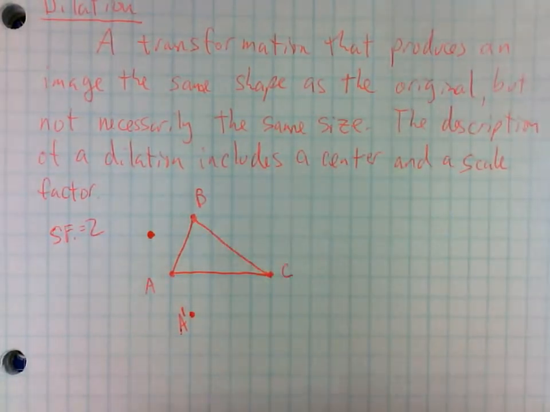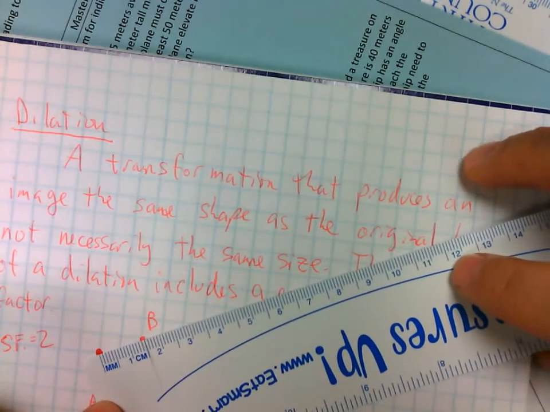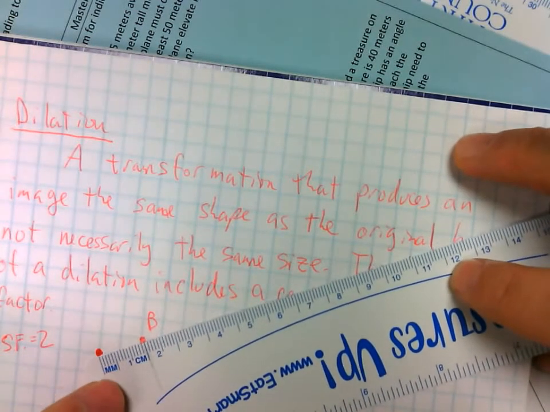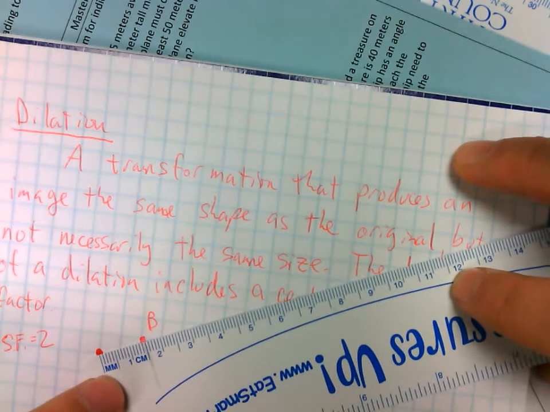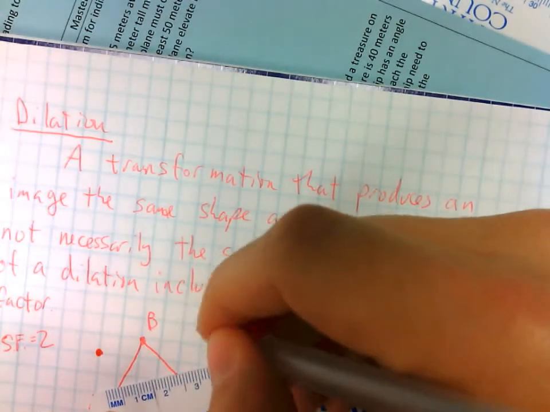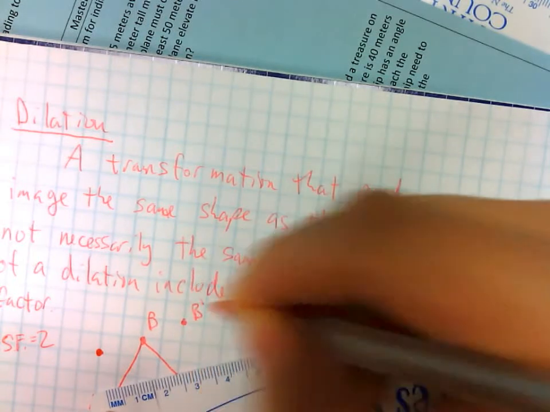All right, I'm going to do the same thing for B. So B is also 1.4 away, so it's going to move about 2.8 away. So there's B prime.